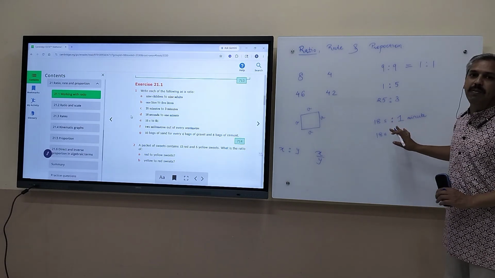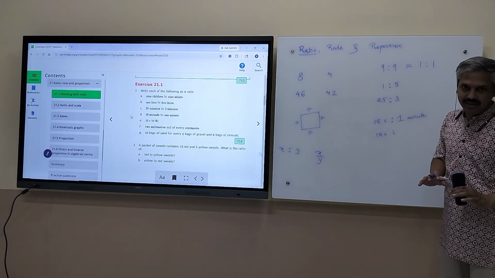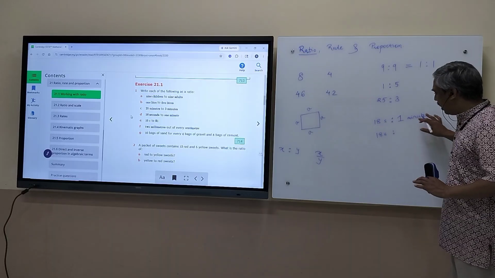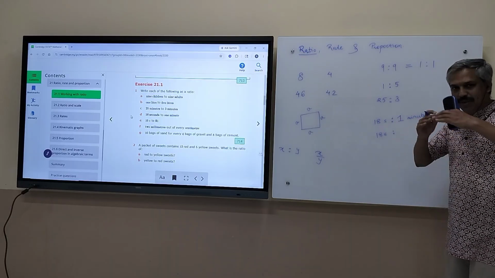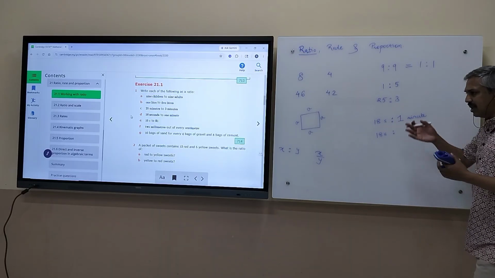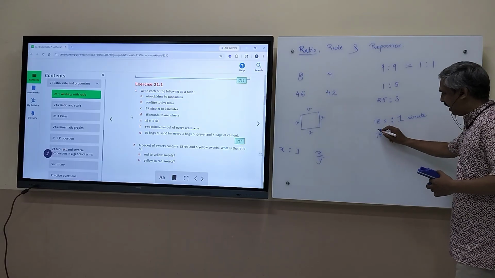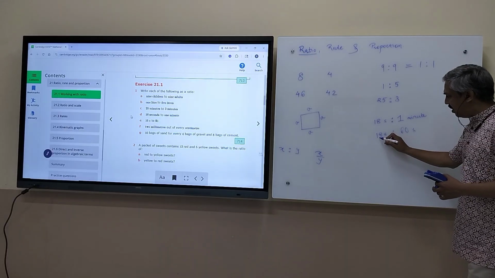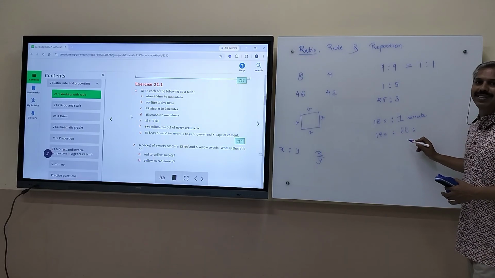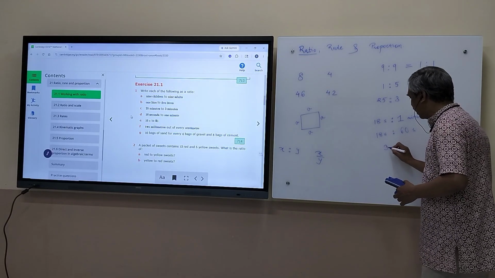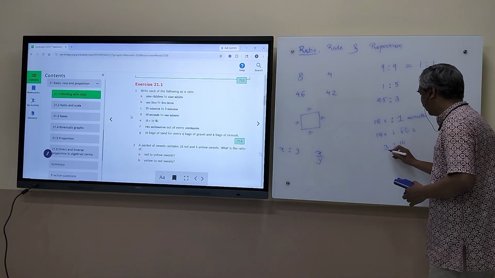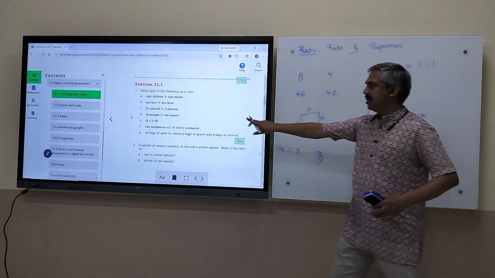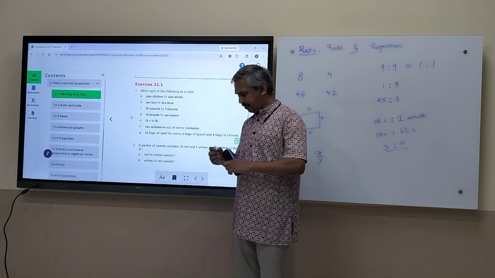You can choose to keep both the units as minutes. Whatever is a comfortable, convenient unit, make both the quantities into that unit. So we will write 18 seconds is to 60 seconds. Now both the quantities are divisible by 6. So we will write 3 is to 10. So the answer for this is 3 is to 10.